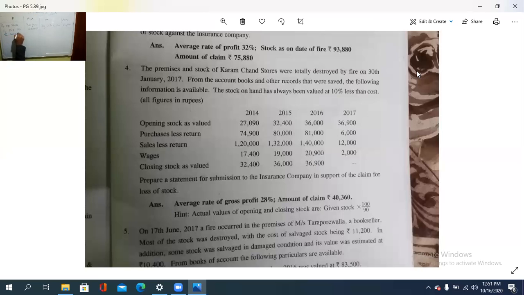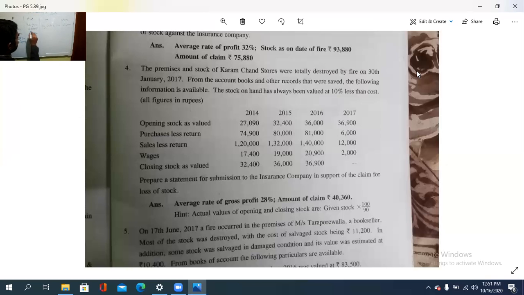Closing stock we need to calculate at the last because that is the balancing figure. So that is the book value of the stock. To gross profit it is 28% on how much? 12,000. That is the sales, isn't it? So 12,000 into 28%. It is 3,360.